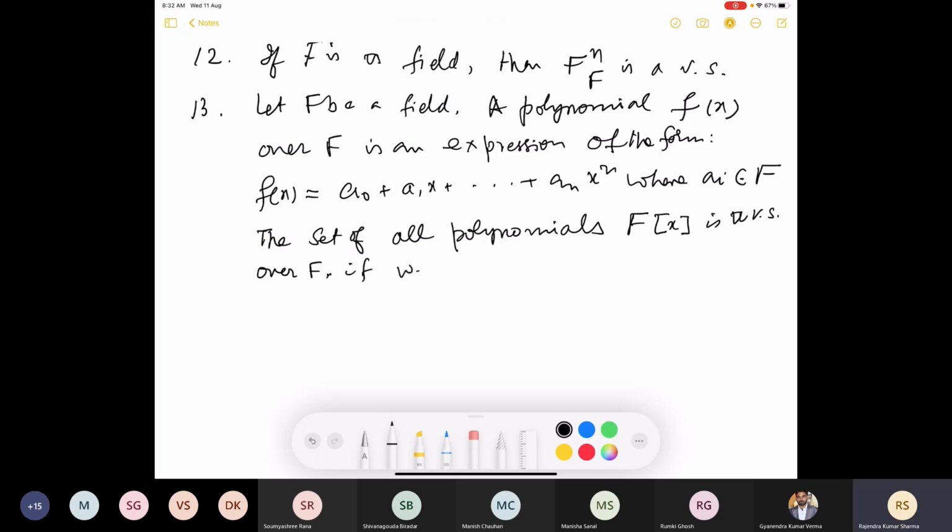If we define the equality of two polynomials, f(x) is a0 plus a1x plus up to an x^n, and g(x) is b0 plus b1x plus up to bm x^m. First define equality.